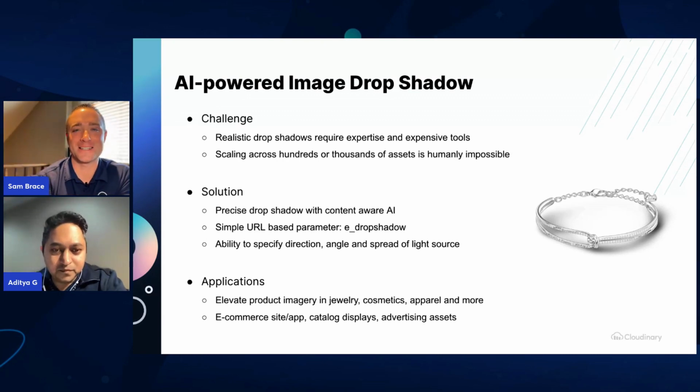This is such amazingness because if you're on the creative side of things, or on the marketing side of things, when you've had to start adding drop shadows to product imagery, you're typically going into various photo editing software, creative software, and manually doing this on each single image.